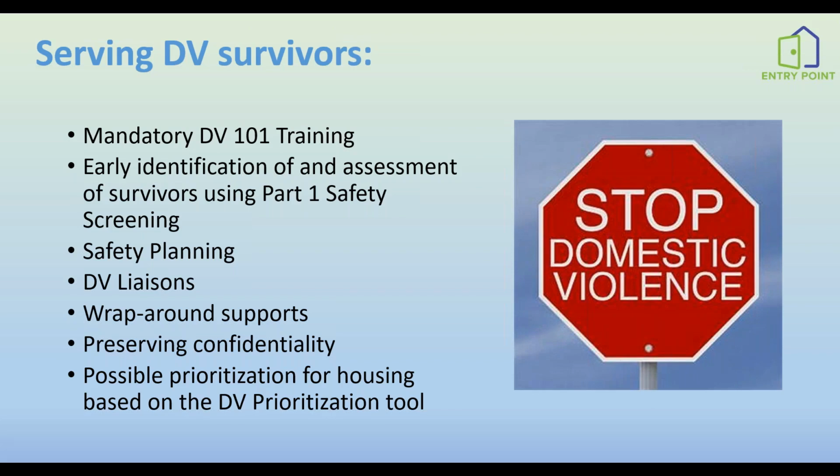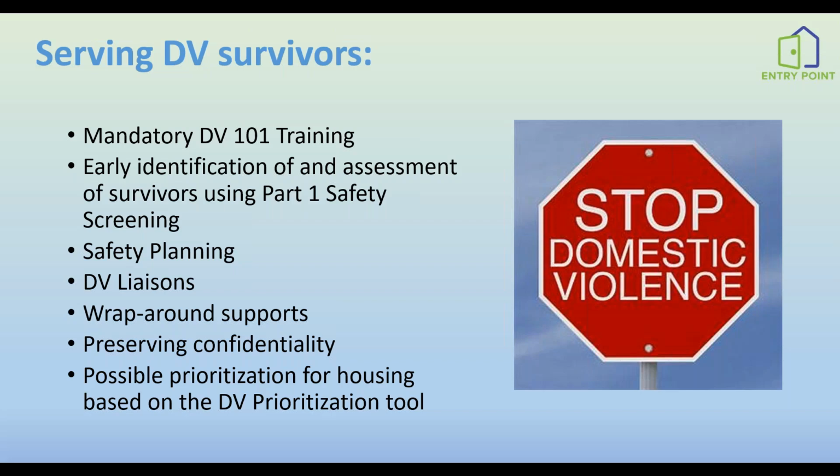Some of the ways that we work to serve survivors is that we have a mandatory DV 101 training. There's another one of those on the schedule soon. If you haven't had that, get it done. It's part of our entry point basic training. We are working hard to identify as soon as we can who might be fleeing domestic violence, sexual assault, stalking, or trafficking.